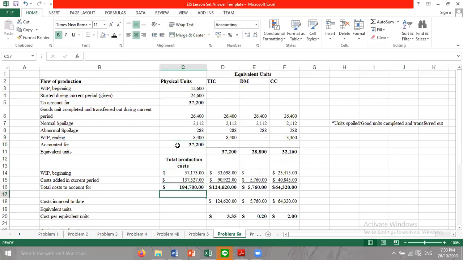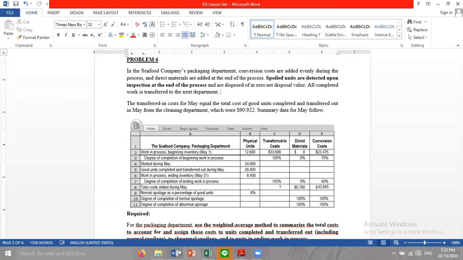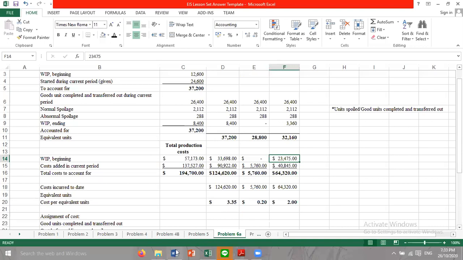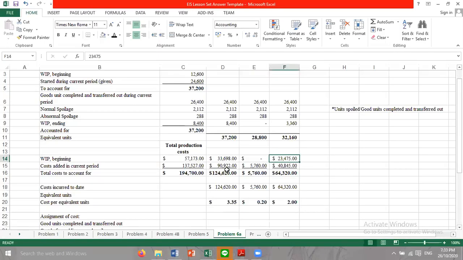Okay. Then once again, we calculate the costs. Here, the costs are already given by the question. In this case, conversion cost 23,000, transferred in cost 33,000, and total costs added in the current period.